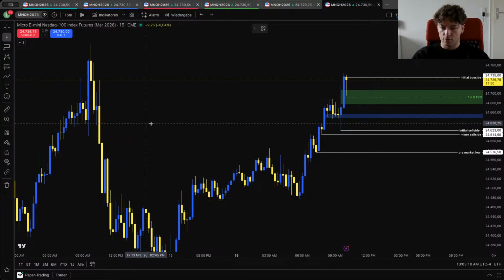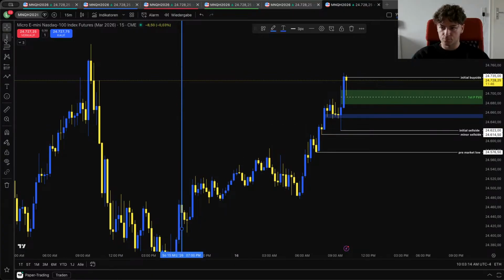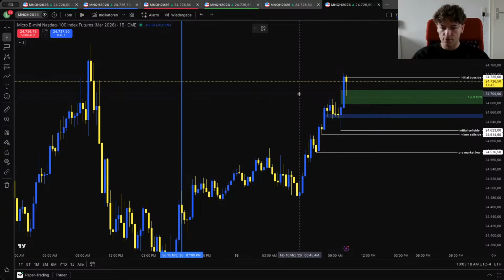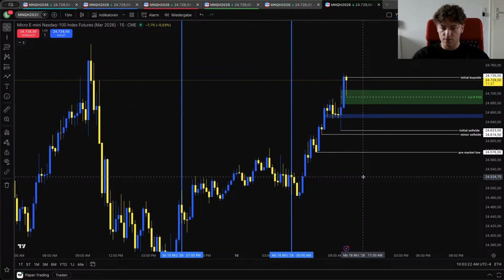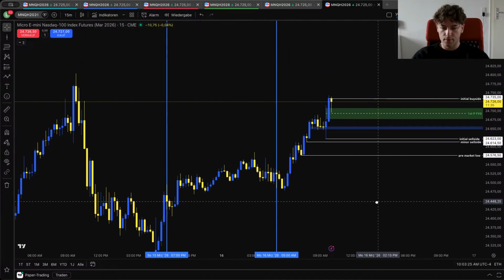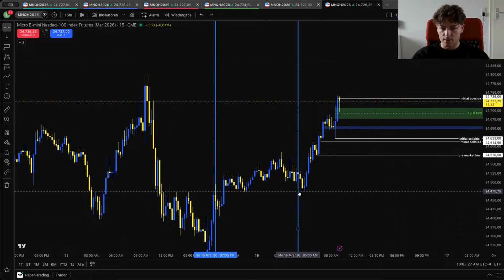What does he mean by overnight session lows? 7 p.m. to 5 a.m. So that's the Asian range, Asian session, and as you can see, we have beautiful relatively equal lows.